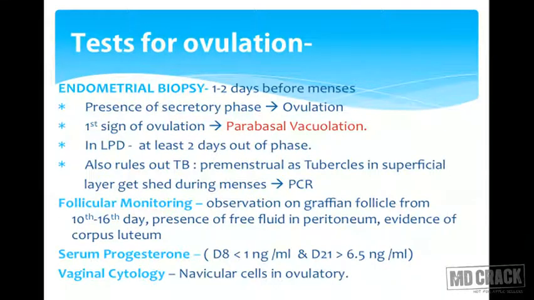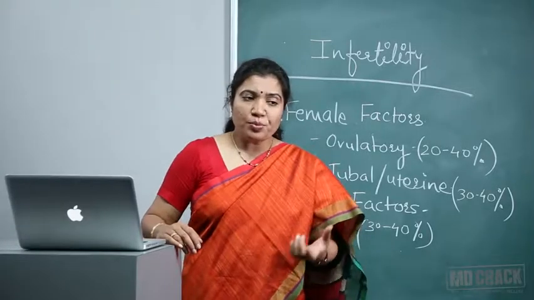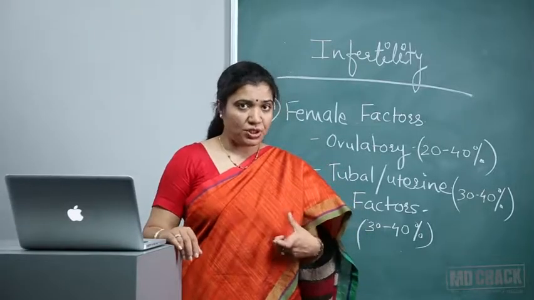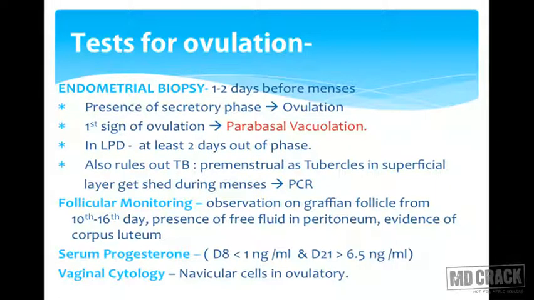Other test for ovulation, endometrial biopsy. Histopathologically, we all know that the changes which take place in proliferative as well as in secretory phase of the menstrual cycle, they are very specific. And from the endometrial examination, histopathologically done, whatever changes we see, the proliferation in the glands or the subnuclear vacuole formation or secretion collection, all these changes can tell us which day of menstrual cycle that patient is in.